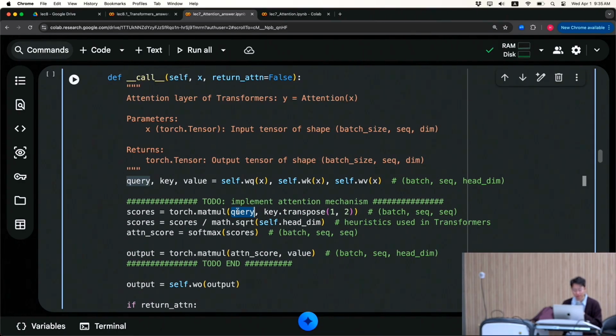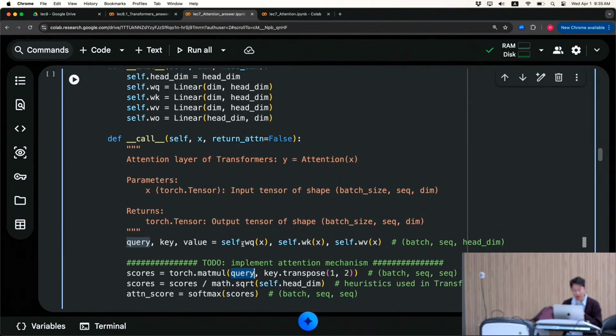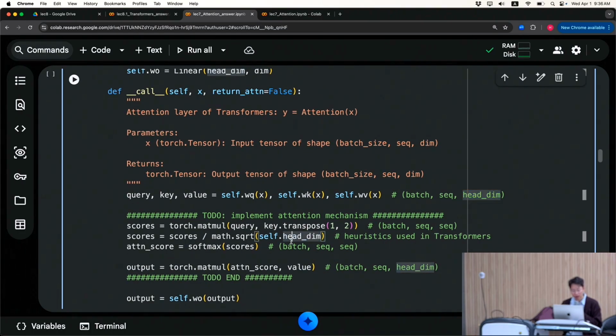So input comes in, and we apply these 3 matrices, and the output query vector, key vector, value vector is of size batch size, sequence length, this is the number of input tokens, and head dimension. And we're supposed to dot product query and key.